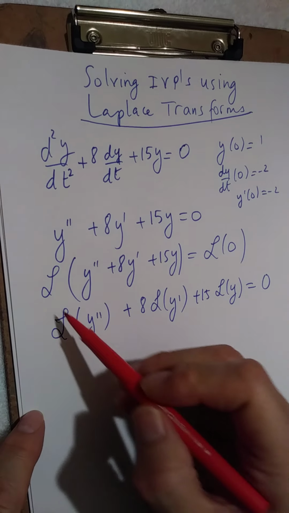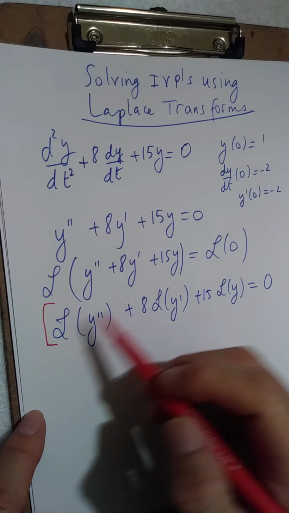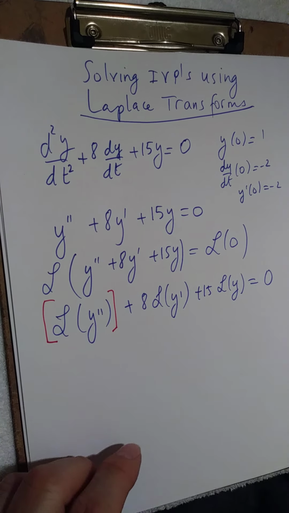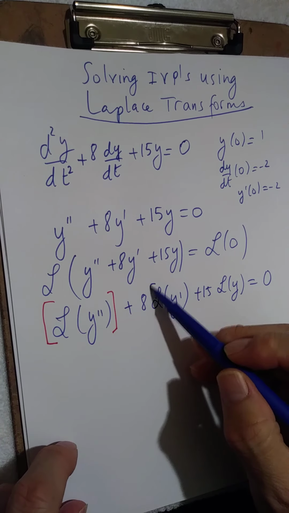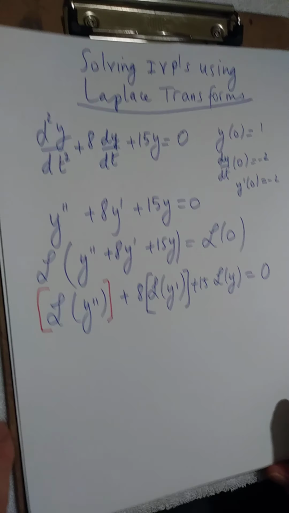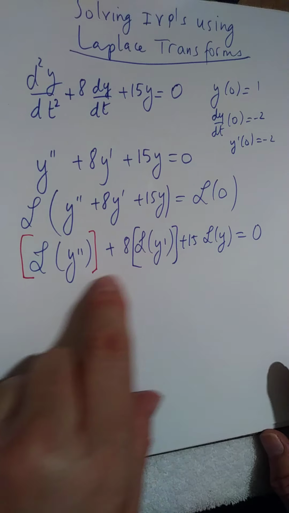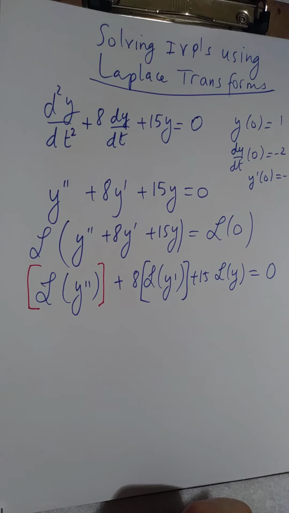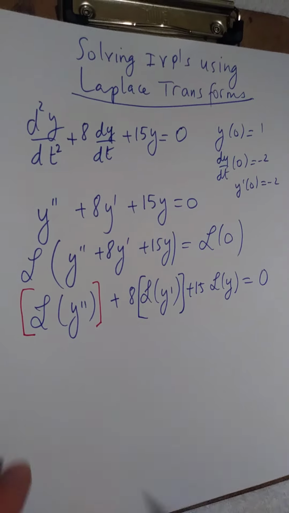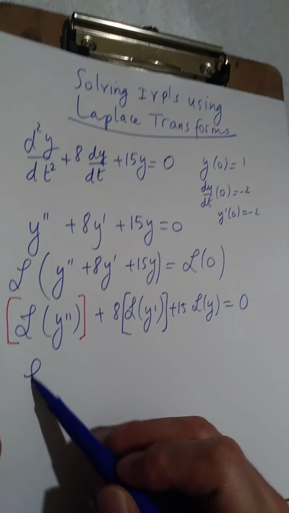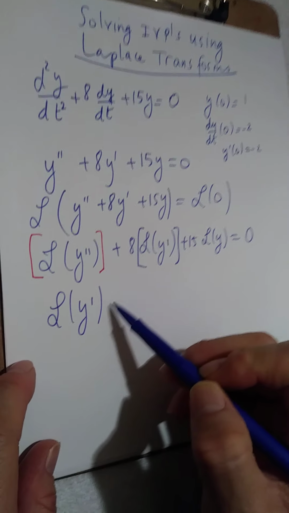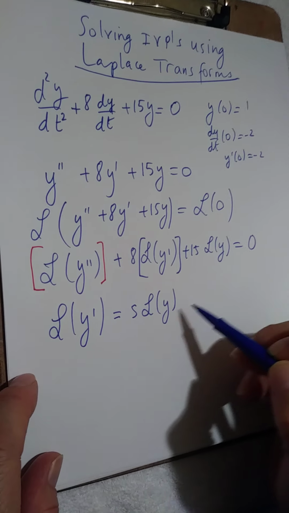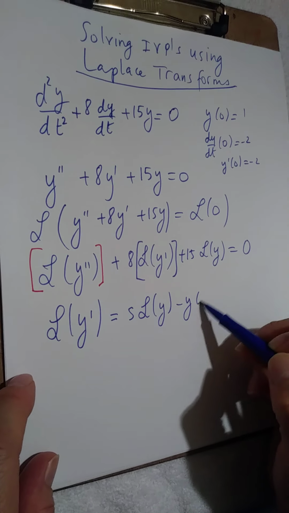Alright, let's put this in a pair of red brackets, and I'll put this transform here in a pair of blue brackets. So we need the transform of y prime and also the transform of y double prime. The transform of y prime is equal to s times transform of y minus y of 0.